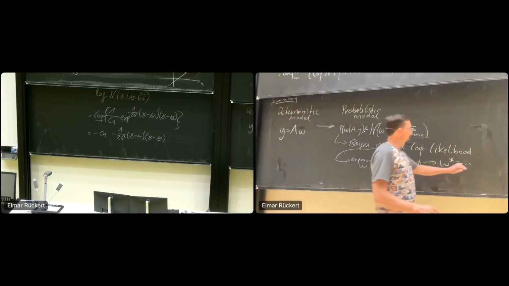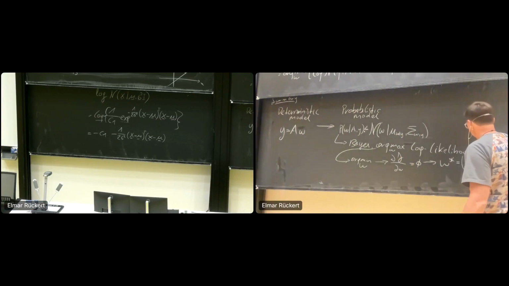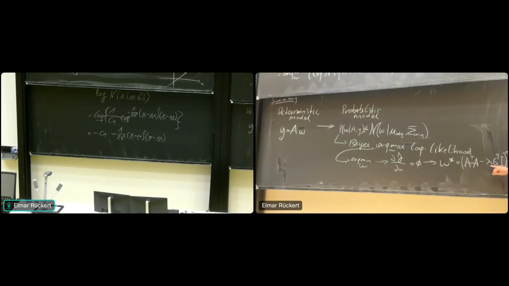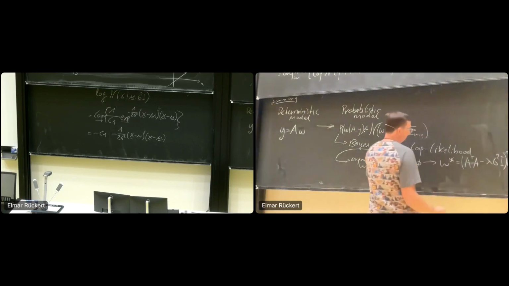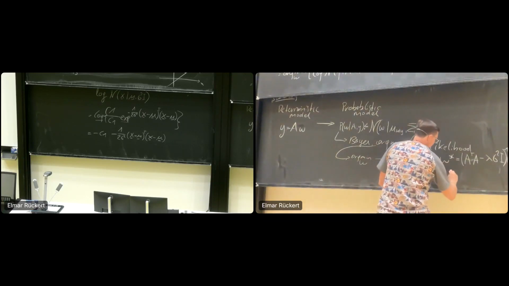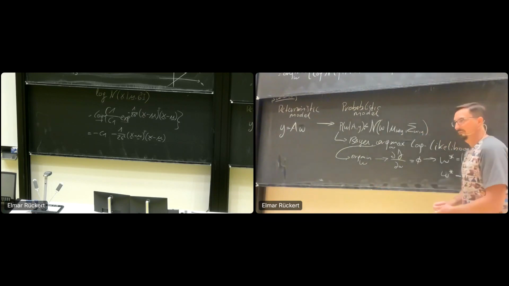I can write it down here. In the end, our W star was very similar to the regularized least square result. The only difference is that we have this additional regularization term from the prior. Now this W star represents our mean.